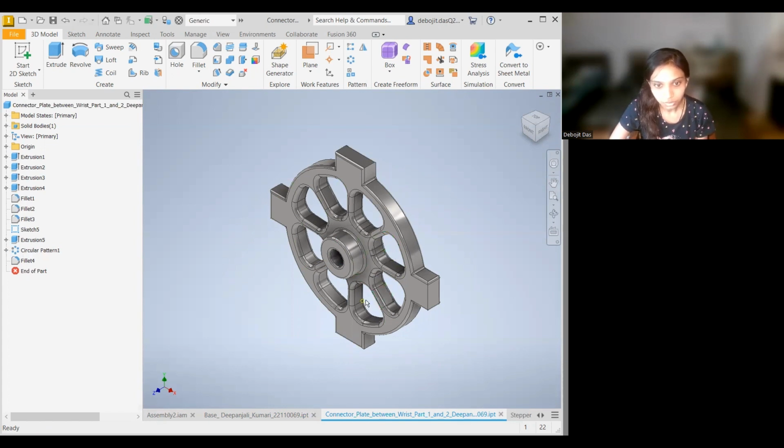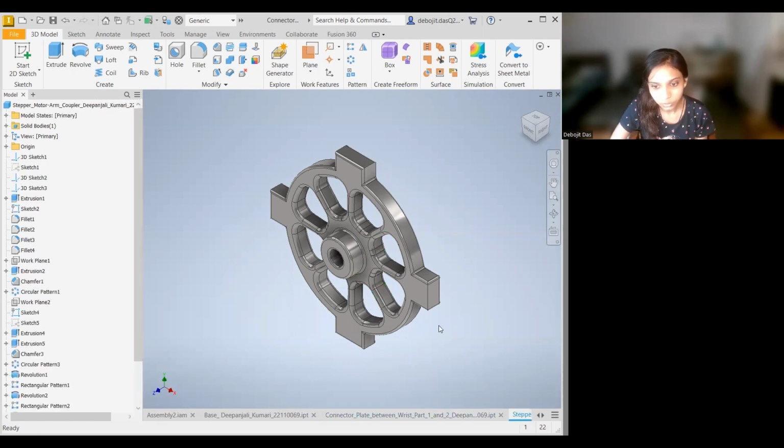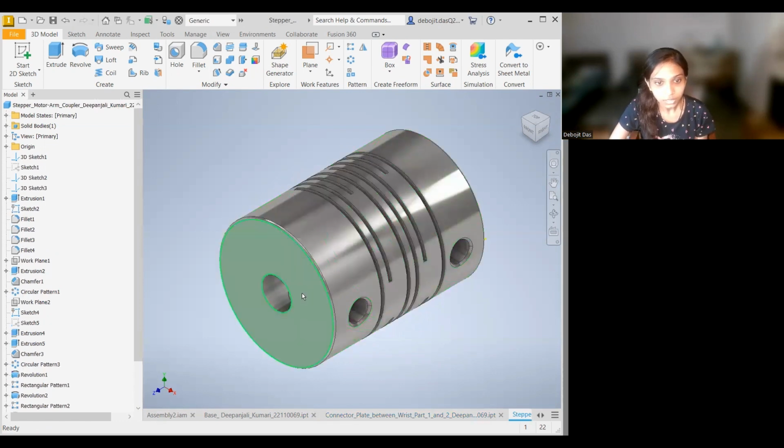And then coming to the stepper motor part, first we made the circular parts of different dimensions, and then we made this hole by taking the plane and then these grooves at appropriate angles, as these grooves are of different angles and different sizes, so we have to vary it accordingly.